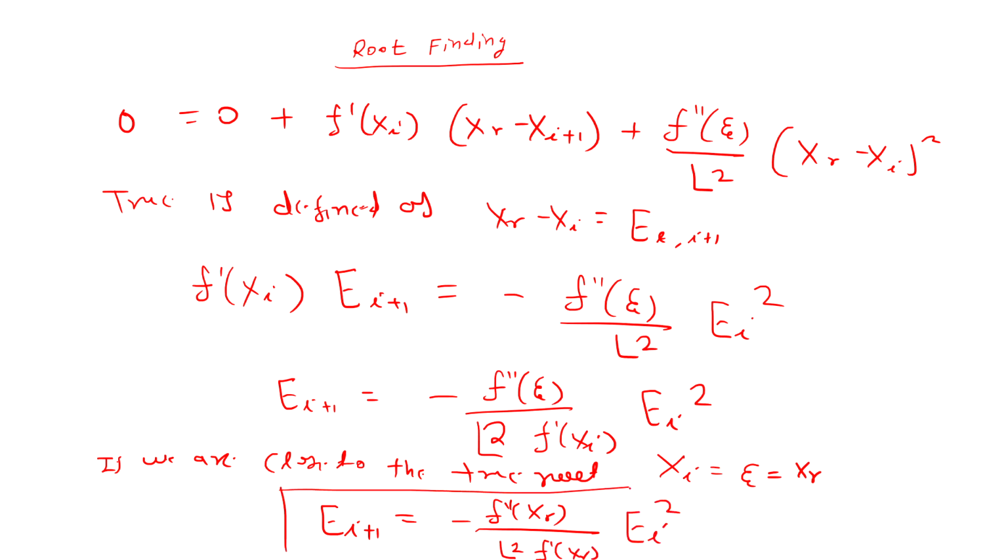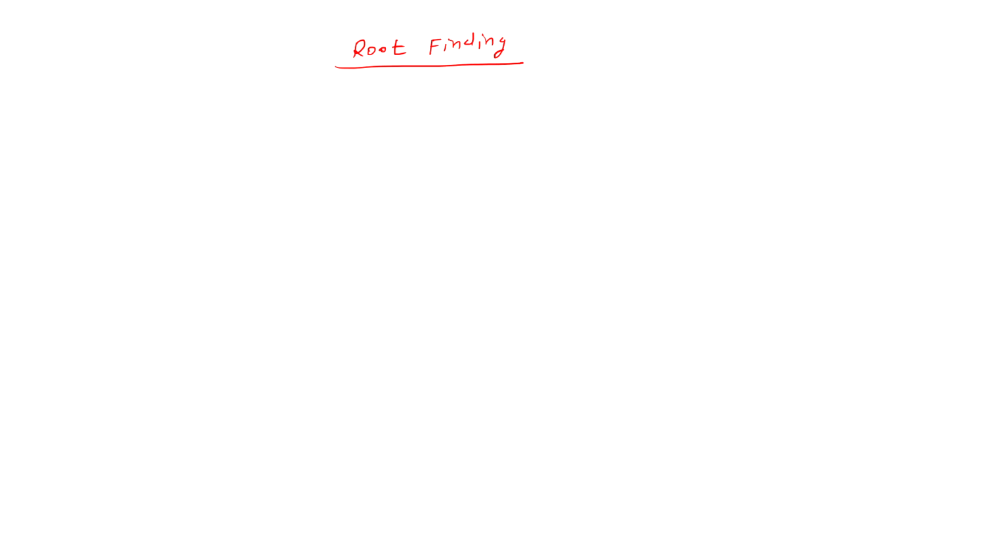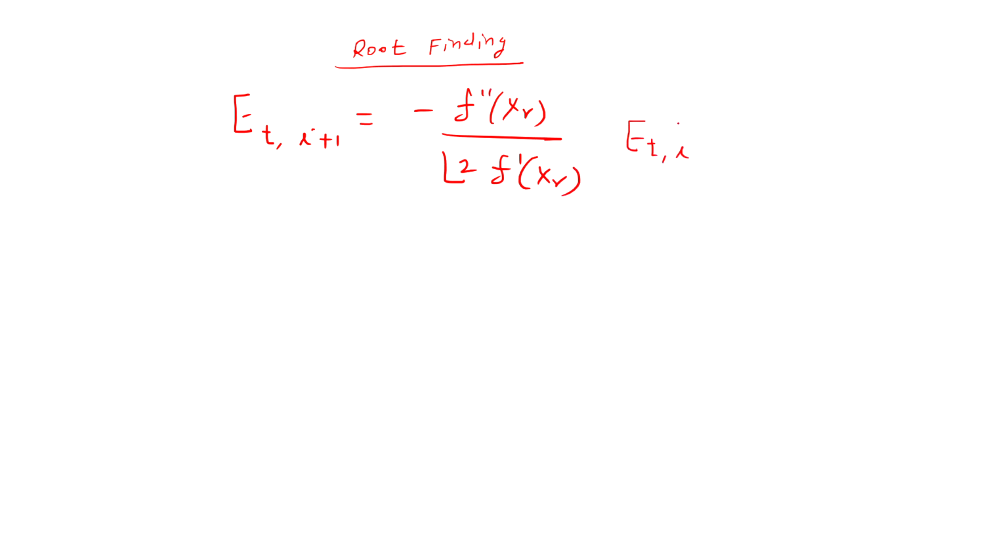So this is my expression. Essentially we are saying that the error is roughly proportional to the square of the previous error. What does this expression say? That e, the true error at the i plus 1 iteration, is minus f double prime x_r upon factorial 2 f prime x_r times e, the true error at the ith iteration, to the power 2.